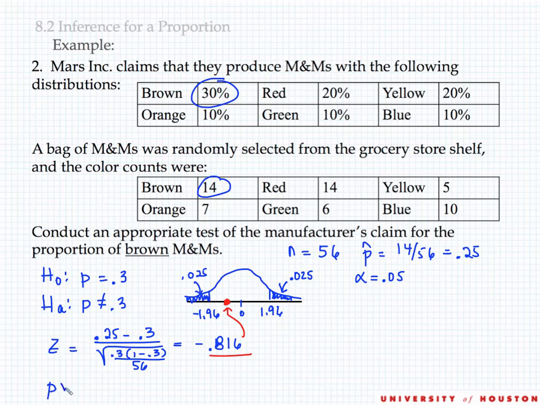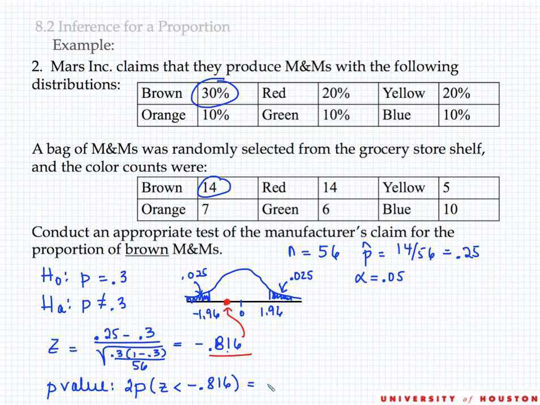Our p-value should verify this. Now, our probability, since it's two-tailed, is a double. Remember, it's either this or that, so we're going to do twice the probability that z is, since this is a negative, I'm going to say less than. If it were a positive, I would use a greater than.